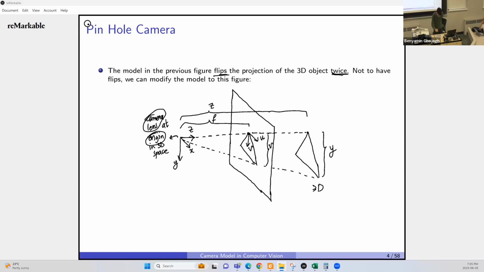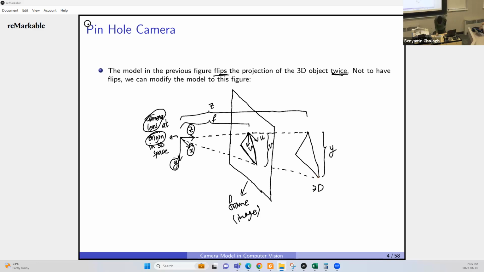So we have X, Y, Z representing the 3D space, and we have the 3D object. Let this be the frame or the image, or the negative, whatever you call it. A smaller version of the object will be projected on the image.